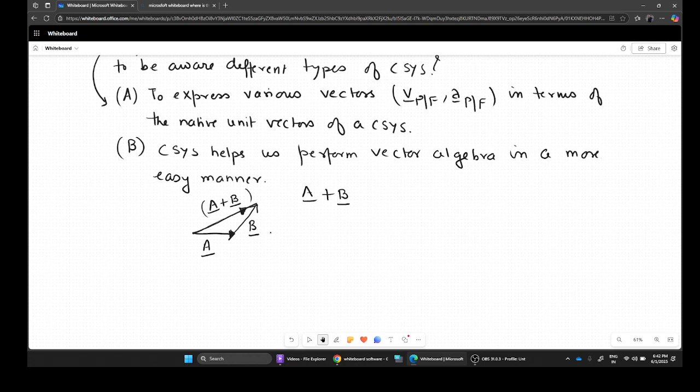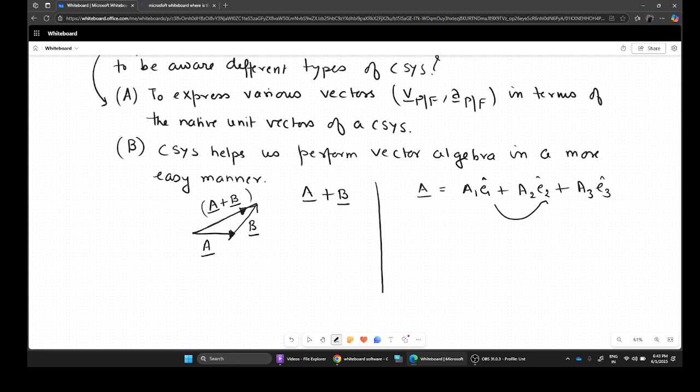Now this is a possible way of vector addition, but it is very geometric in nature. You really have to draw lines and then add them together. In contrast, consider a case in which I can write a vector in terms of 3 unit vectors like this.